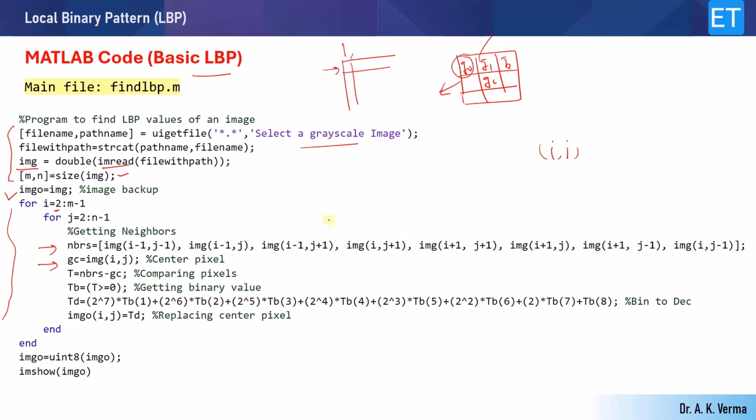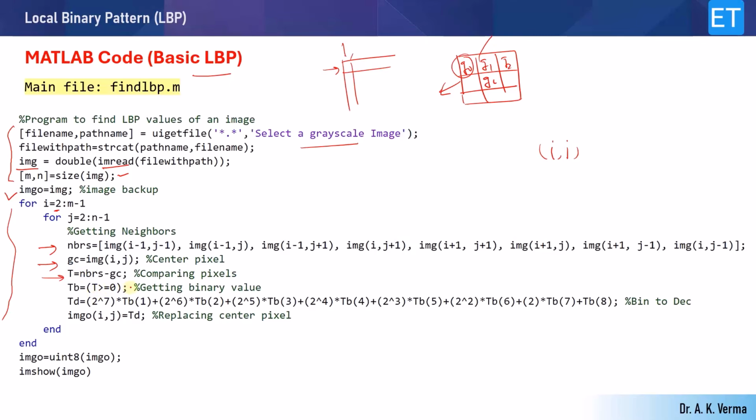So you can take all those 8 neighbors. The center pixel goes to GC, then I subtract the center pixel GC from all those neighboring pixel values. The difference goes into T.